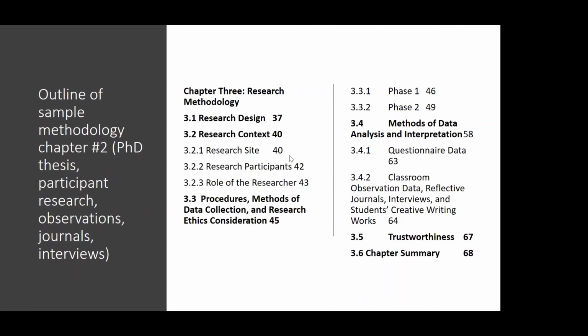So she could have put more subheadings in 3.3.1 and 3.3.2 of methods: survey, questionnaire, journal, samples of work, interview. But in her content, she's just put them down under phase 1 and phase 2, and she might have subheadings within that text rather than putting it in the contents page.